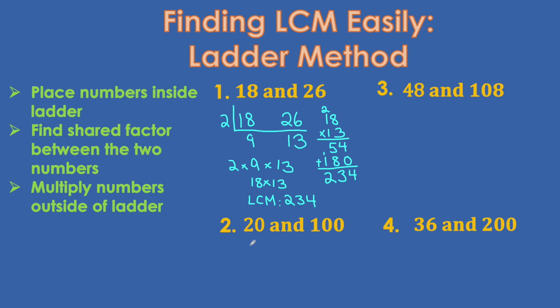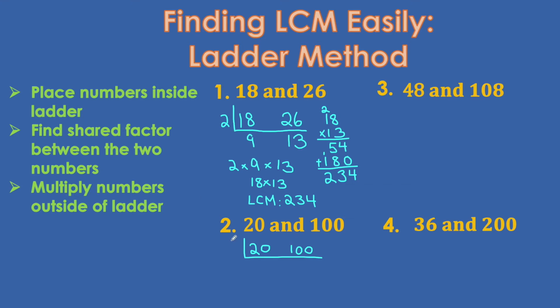Let's look at number 2. Find the LCM between 20 and 100. So let's start with our first step. Place the numbers inside the ladder. Well, first, we're going to write down our numbers: 20, 100. Draw a ladder sign.